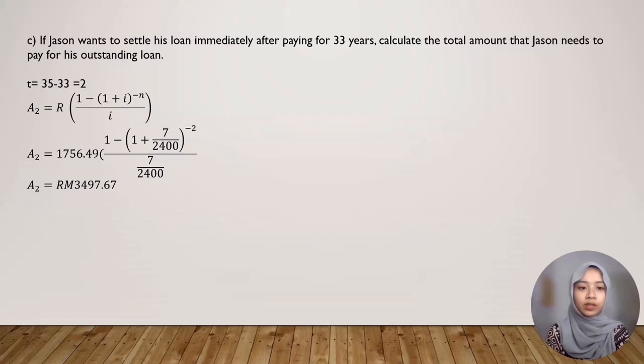A2 equal to 1756 and 59 cents, open bracket, 1 minus open bracket, 1 plus 7 over 2400, close bracket, to the power of negative 2, over 7 over 2400, close bracket. Then we calculate the numbers. The answer of this question is RM 3497 and 67 cents.